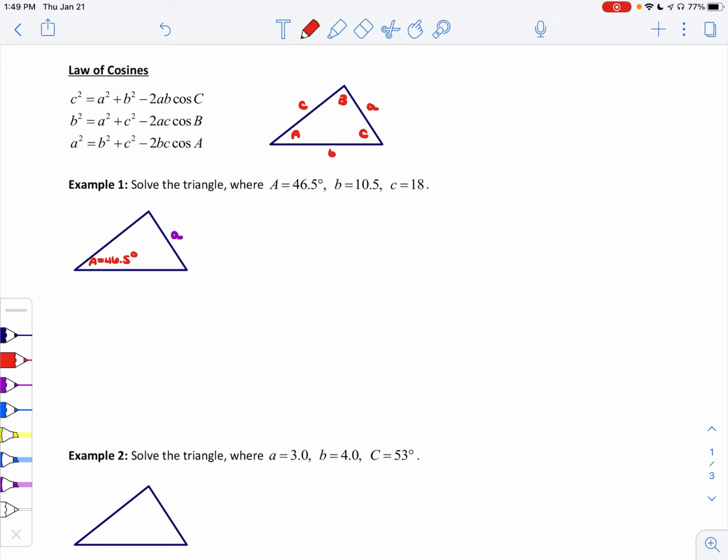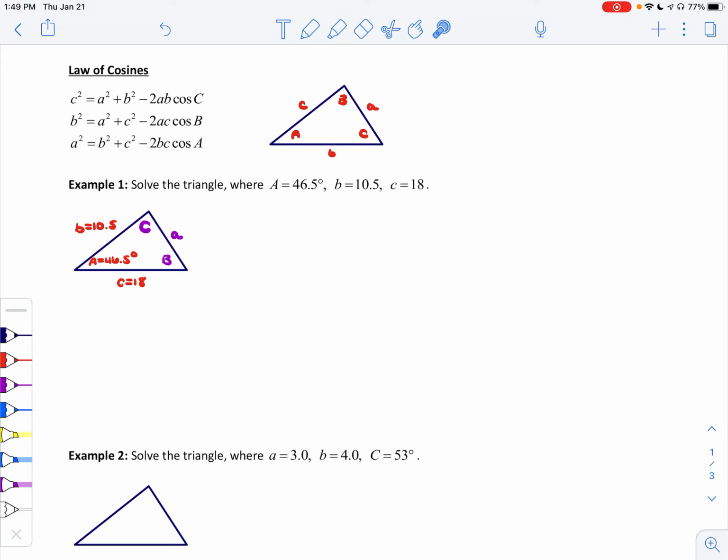Side b has a length of 10.5, so across from that would be my angle B. Side c has a length of 18, so across from that would be my angle C. When I'm placing my A's, B's, and C's, it's completely arbitrary. It does not matter where you put your letters as long as A's across from A, B's across from B, and C's across from C.